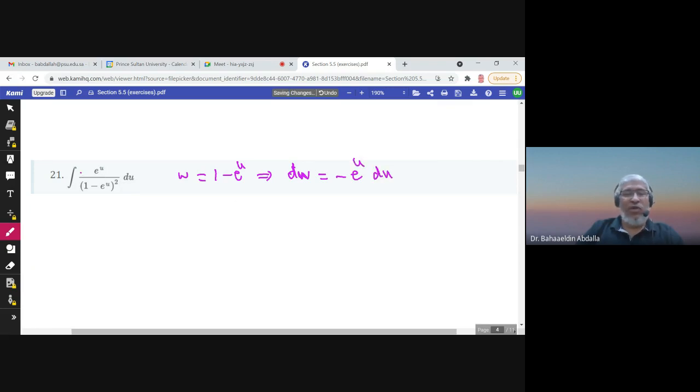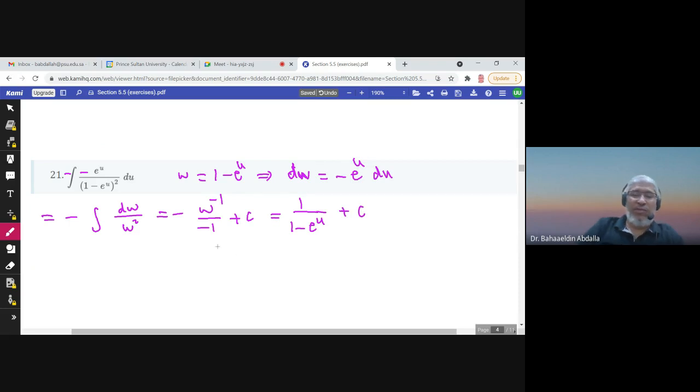I have e^u du, I need a minus sign. So I will have negative dw, and 1 minus e^u is w square. Now this would be written w to the power negative 2, and the integral would be w to the power negative 1 over negative 1 plus c, minus with minus plus. So this is 1 over w, but w is 1 minus e^u plus c.